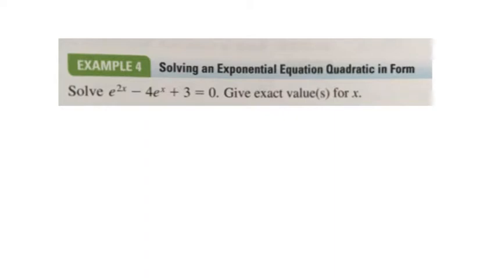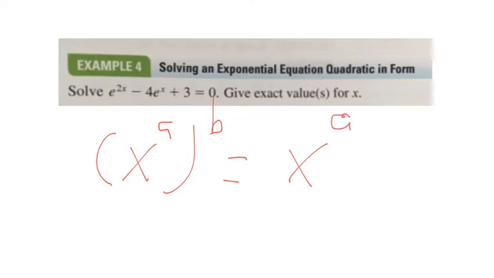So for this, e to a power of 2x. Again, before you start working on it, I want to remind you of a rule of exponents. When you have one exponent raised to another, you can just multiply the exponents. x to a power of a times b.